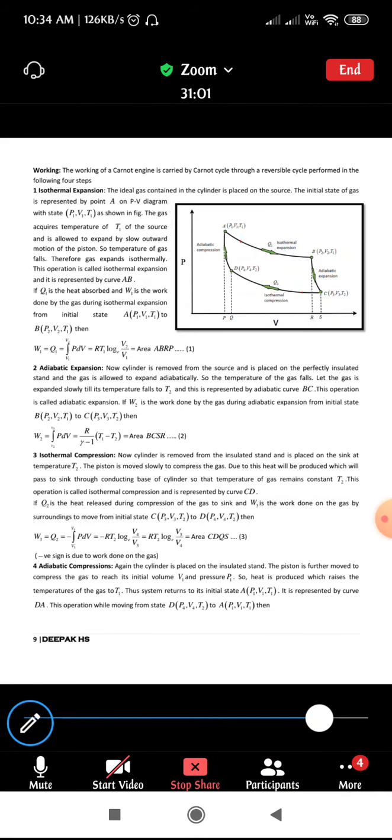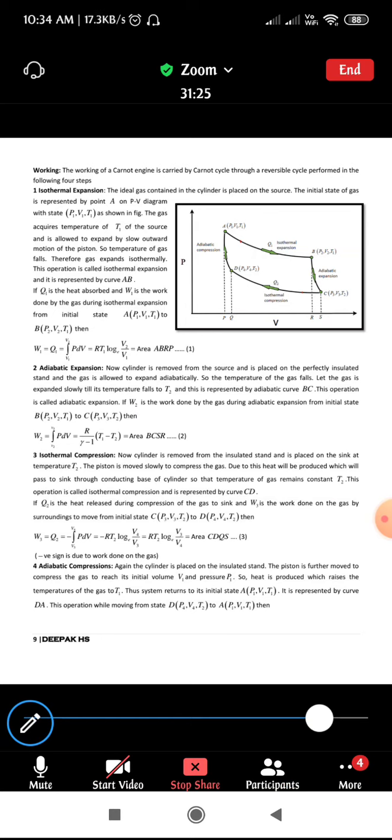Now the cylinder is removed from the insulated stand and is placed on the sink at temperature T2. The piston is moved slowly to compress the gas. Due to this, heat will be produced which will pass to the sink through the conducting base of the cylinder so that the temperature of the gas remains constant at T2.